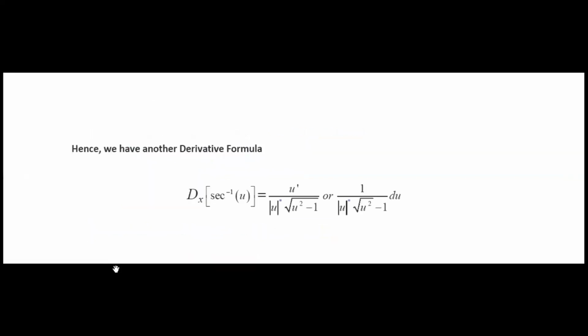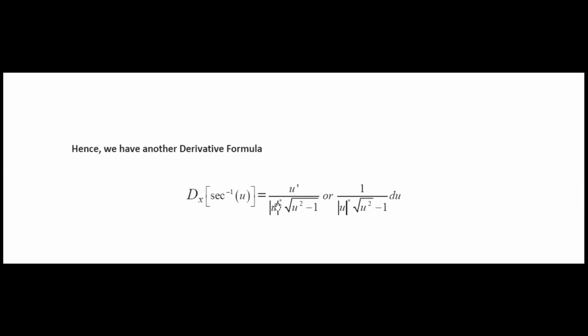And so there's a restatement of the derivative of the inverse secant of u, and you see this one's a little more complicated, but it does have u prime in the numerator. The inverse sine has 1 minus u squared, and this is u squared minus 1, so you've got to keep these straight.